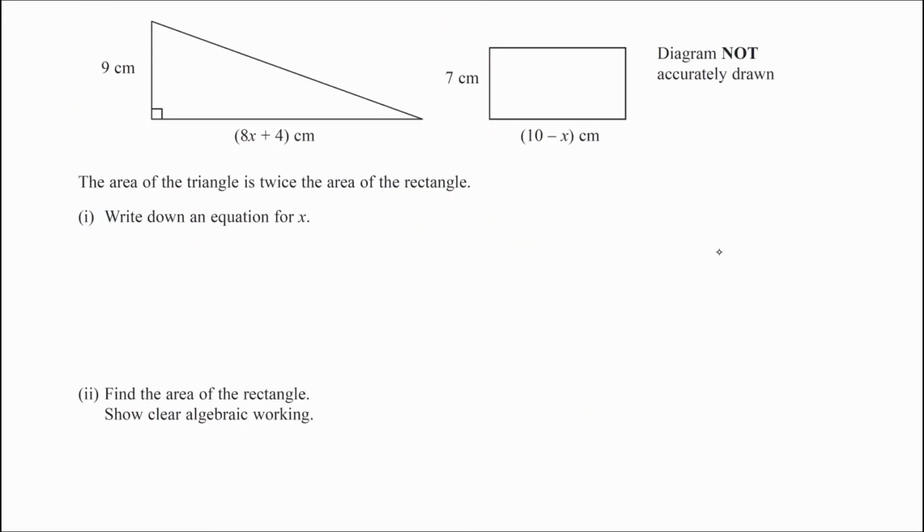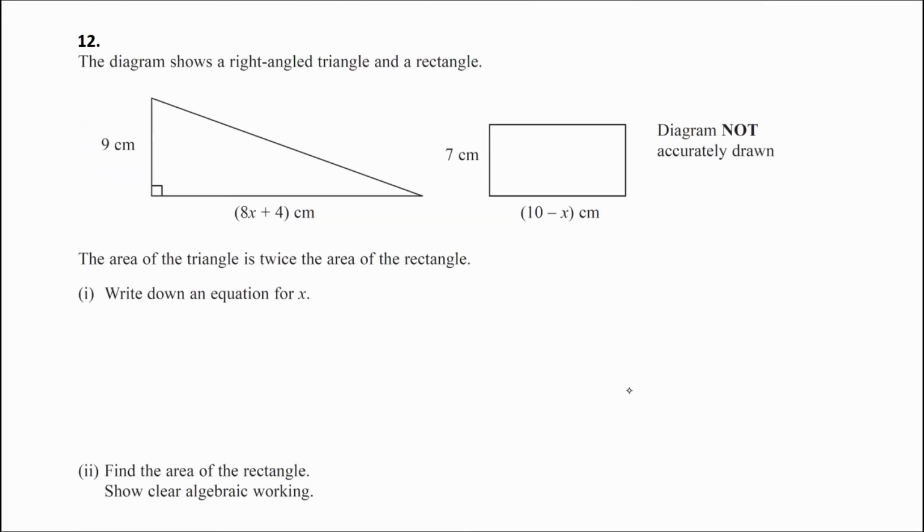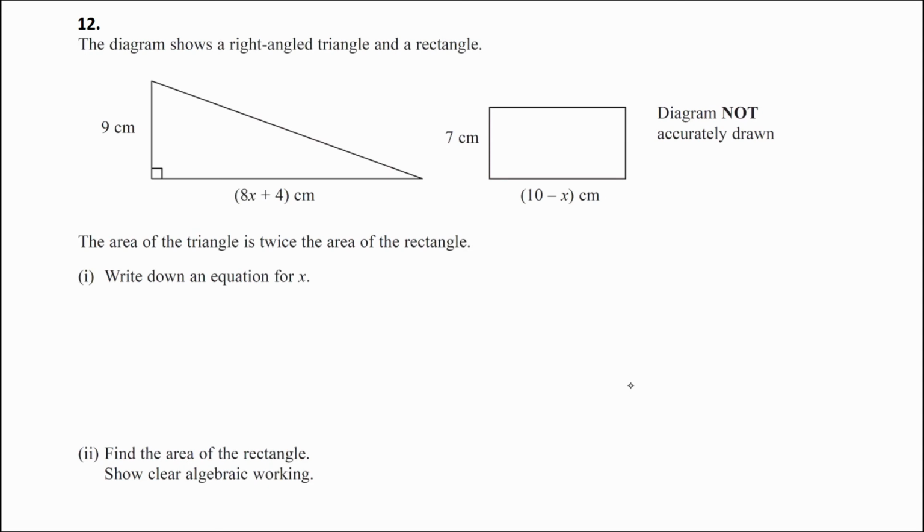Okay, number 12. The diagram shows a right angle triangle and a rectangle. The area of the triangle is twice the area of the rectangle. So let's say for the triangle, if this is the base and this is the height, area of a triangle is given by base multiplied by height divided by 2.